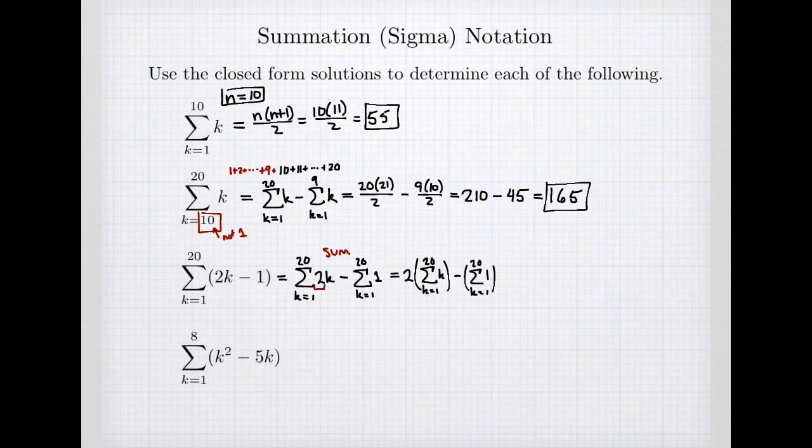So I've used the sum rule and the constant multiple rule, and now I'll use the closed formula. The first sum gives me n equals 20, so that's 20 times 21 over 2. And the second summation is a constant 1, and there were 20 terms, so I'll subtract 20. So let's see, what do we get? The 2's cancel. 20 times 21 minus 20 gives a grand total of 400.